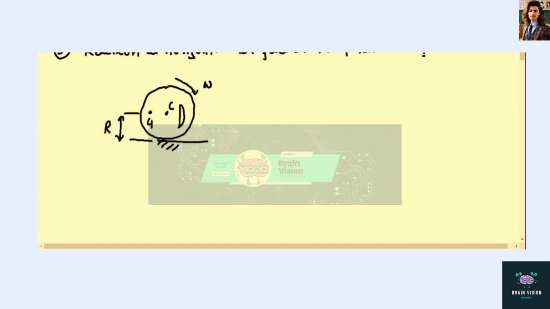This is omega 1, 8 radian per second. Say, this is velocity v1, and here its weight mg will act. So this is the instantaneous center.